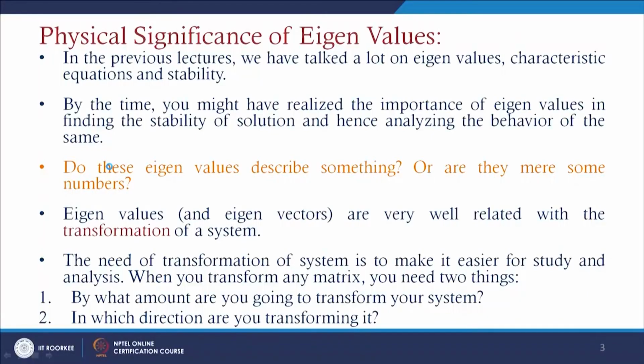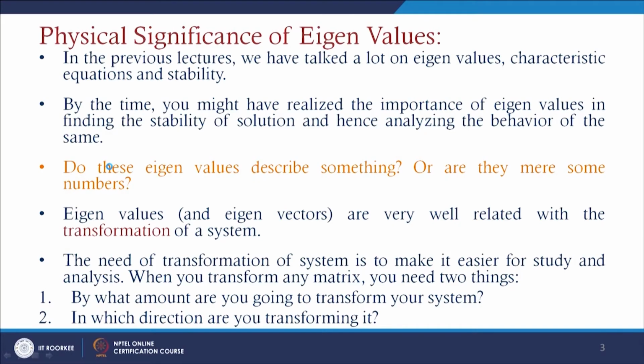Regarding the physical significance of eigenvalues that we discussed in our previous lectures, the eigenvalues are used for the calculation of the stability condition, or the characteristic equations can be derived from the system of equations in terms of matrix notations. Once the eigenvalues are calculated, they show whether the system is stable or unstable.